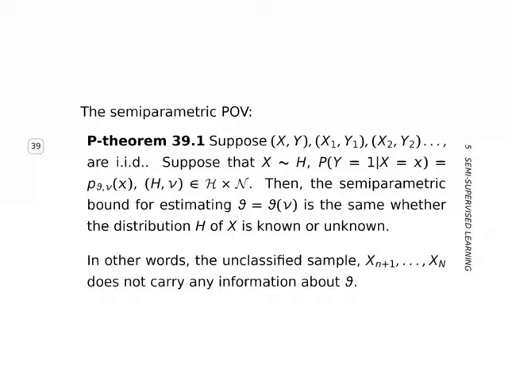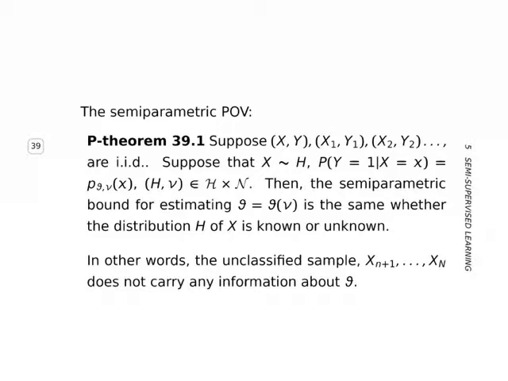The theta shouldn't appear here under the p. So P(y equal 1) is a function of x, parameterized by parameter nu, and (h, nu) belong to some Cartesian product of H times capital Nu.